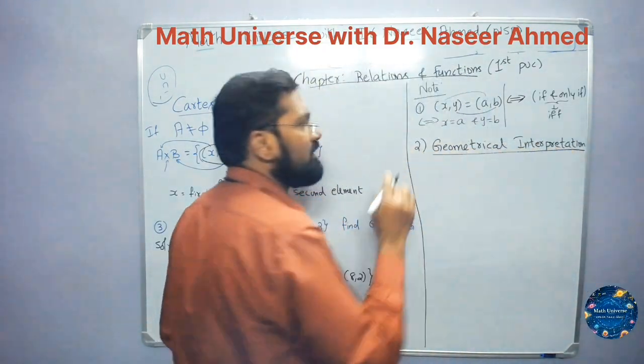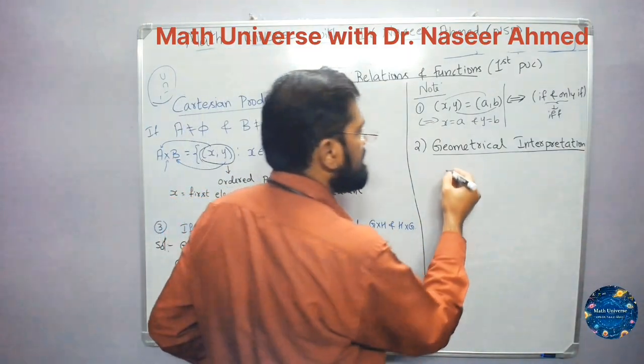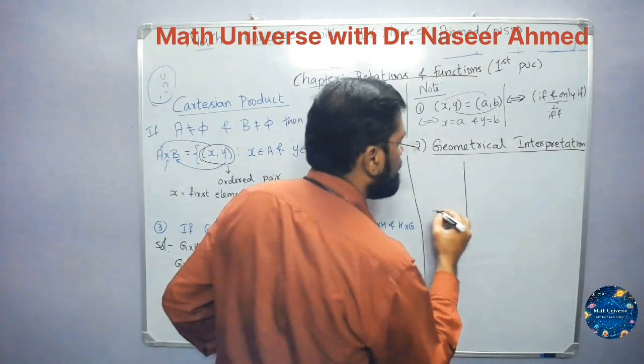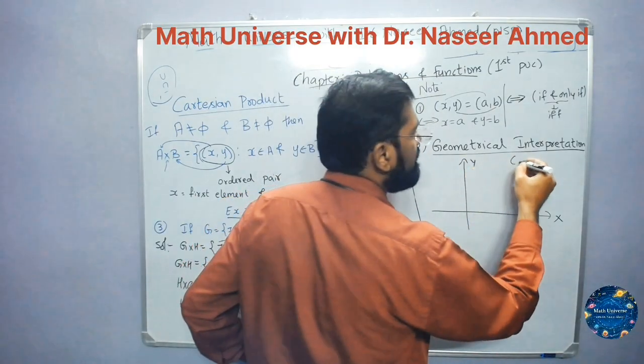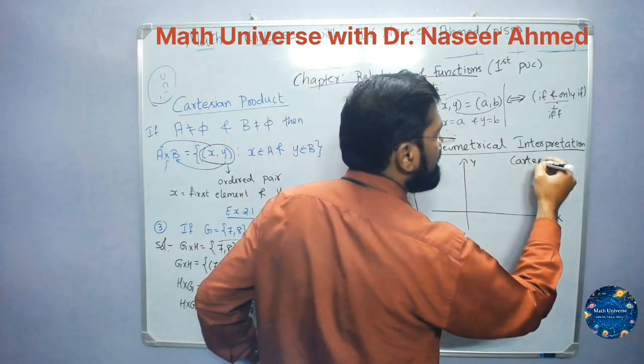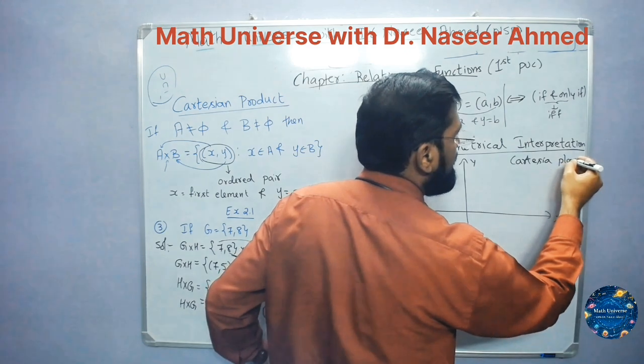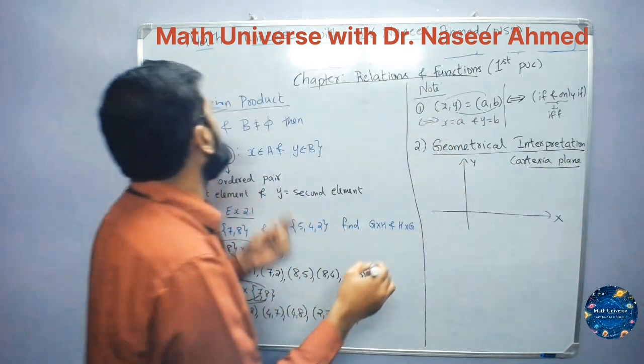Let us interpret this in the geometry part, then things will be very clear. I am taking x and y axis, and this we call the Cartesian plane. So from the Cartesian plane, here we have got the Cartesian product.